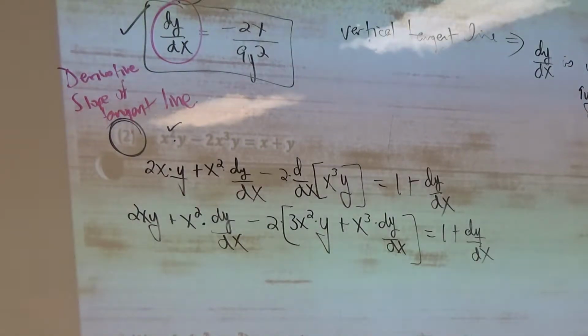Right, the key here is to solve for dy dx. The problem is dy dx is showing up 3 different times. What was the key?